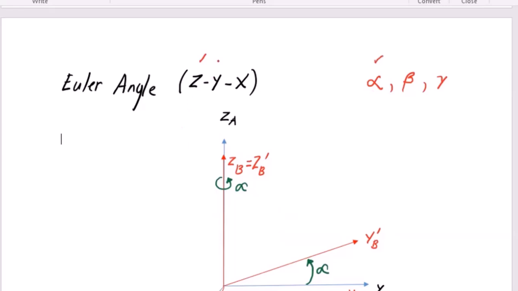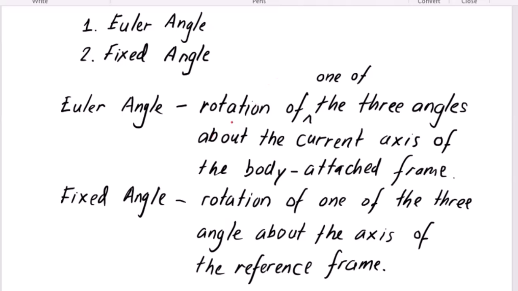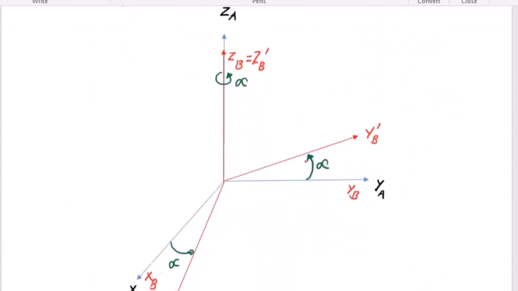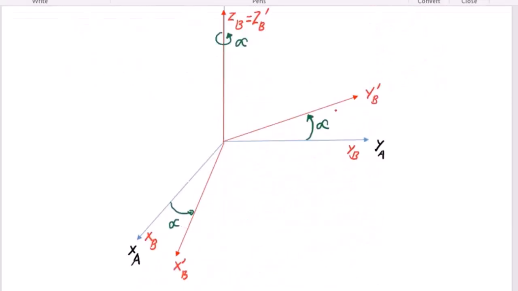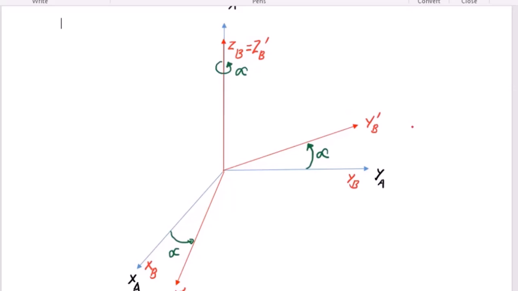Now the next axis is the Y. Going back to the definition of the Euler, we are talking about the current axis of the body attached frame. So where is now the current axis of the Y? Because this is our next step to be rotated. Is it the YB or the YB prime?